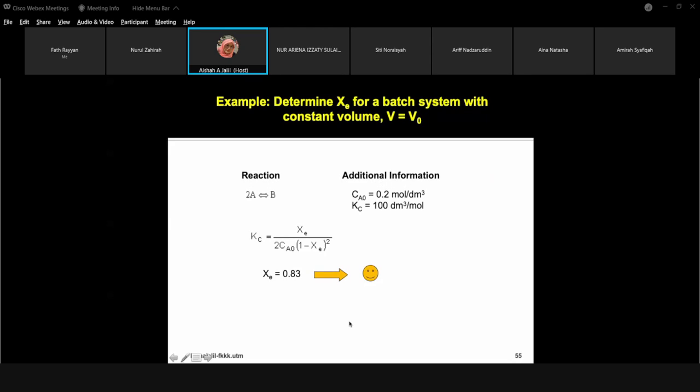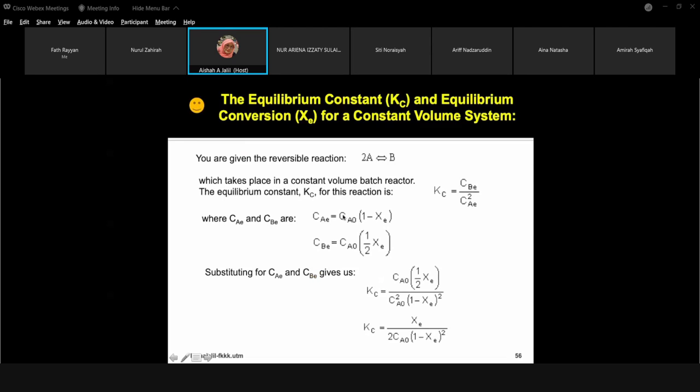This is determining Xe for a batch system with constant volume. This is a reversible reaction, and we want you to calculate the Xe. So how to calculate the Xe? It comes like this.